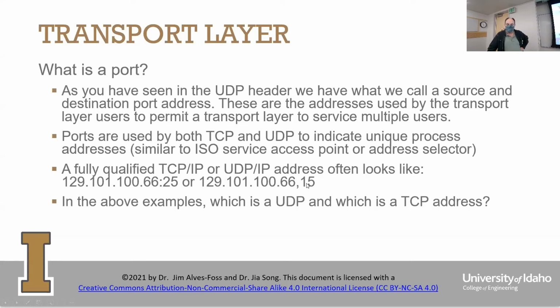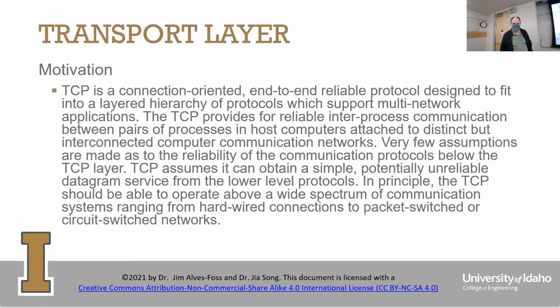So if you see a comma, think it's UDP, colon, it's TCP. Okay, that was UDP, a very simple one. We use this for messaging protocols, voice, video, because I'm just dumping things really fast.